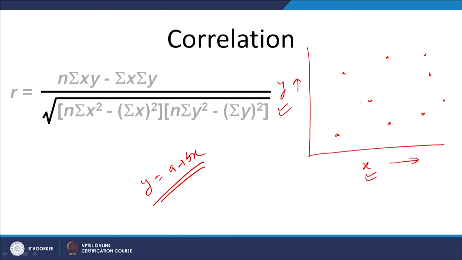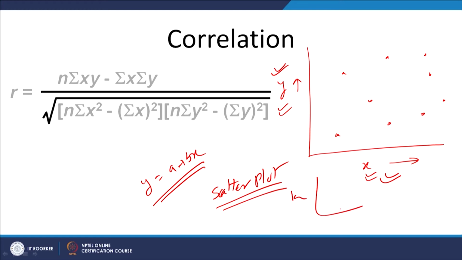So, basically we develop a scatter plot, where x shows the independent variable and y shows the dependent variable. It can be the kilometers in the y axis and the fuel consumed in the x axis. It can be the composition in the x axis and the strength in the y axis.